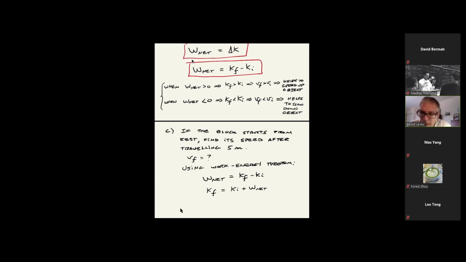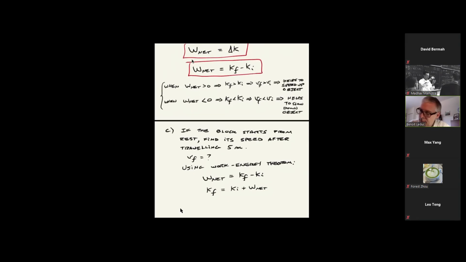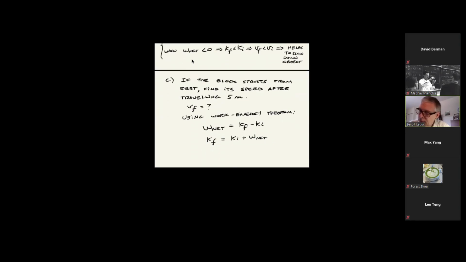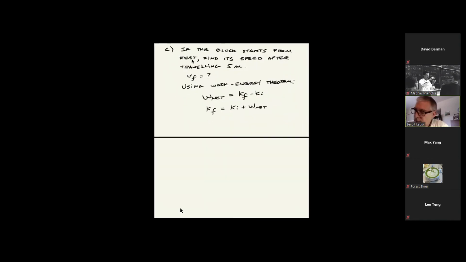All right, so the final kinetic energy is equal to the initial kinetic energy plus the net work. Well, there's one term right away that we know is zero. It's the initial kinetic energy, zero, because it starts from rest.